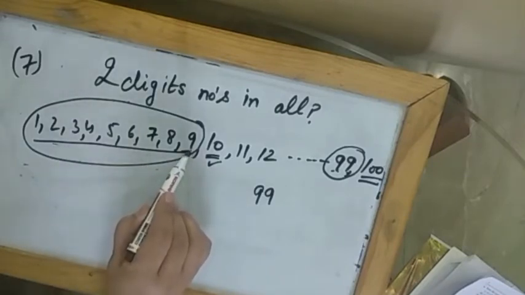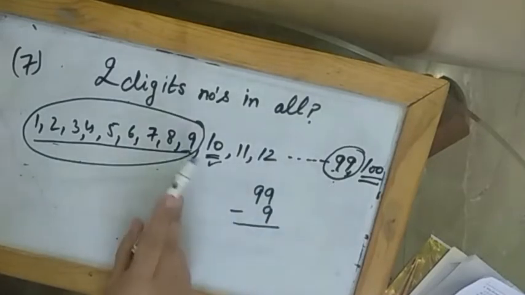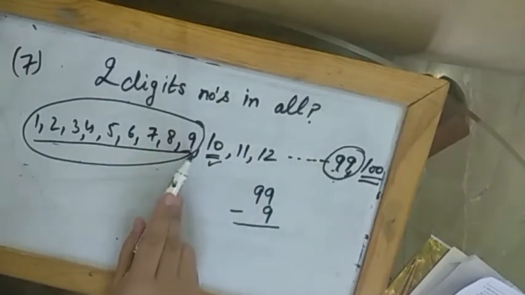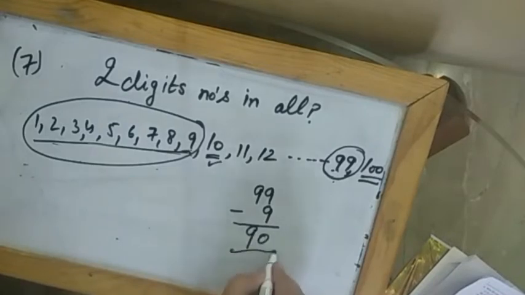How many are there? There are 9 1-digit numbers. If you subtract those 9 from 99, the last 2-digit number, you will get your answer. So there are 90 2-digit numbers.